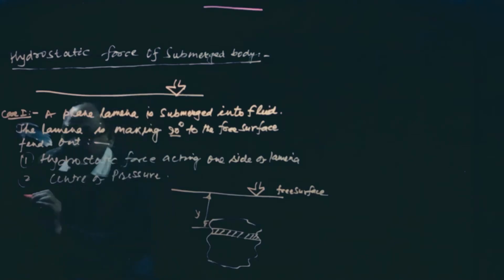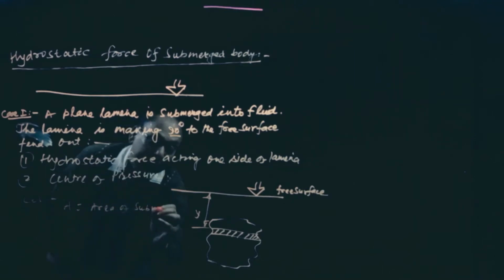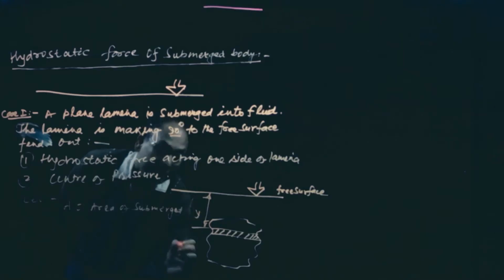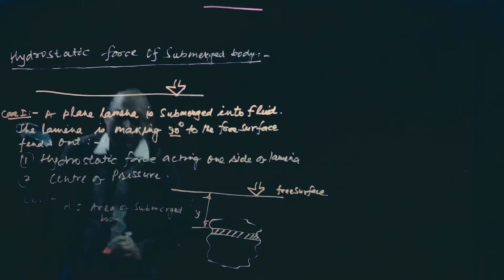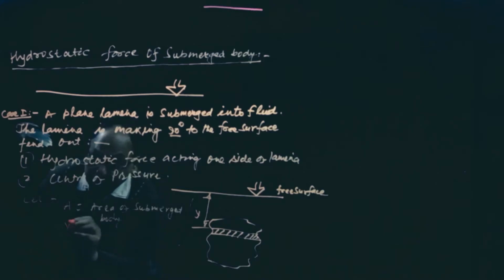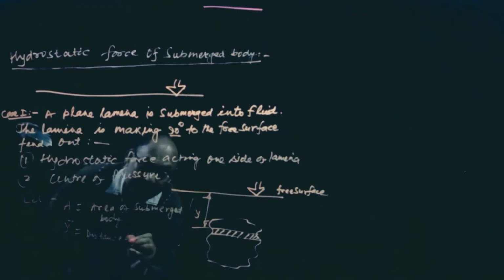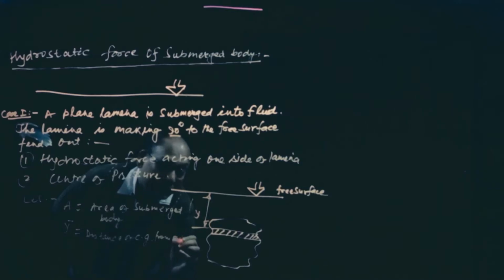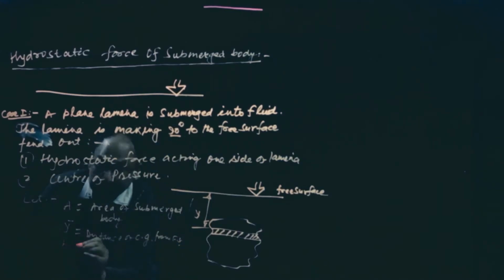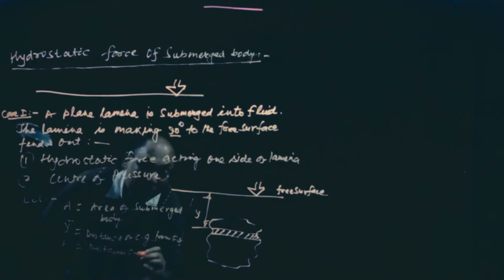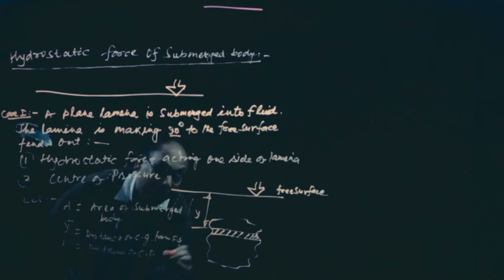Okay, so let A is the area of submerged body, okay. Y bar is the distance of center of gravity, centroid, from free surface. Okay, H bar will be equal to distance of center of pressure from the free surface.